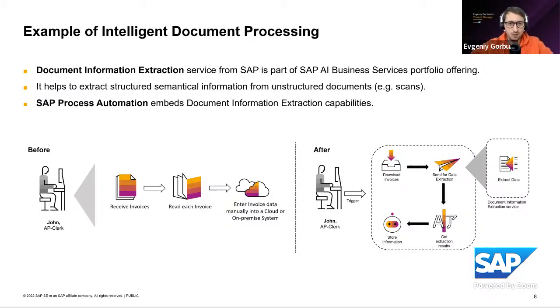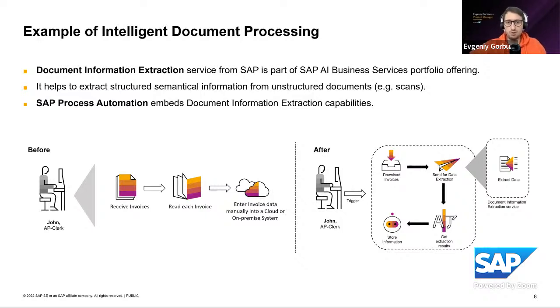As an example, we can take the scenario with invoice processing and receiving. We have John as an accounts payable clerk who receives invoices, then reads each and every invoice and then enters the data from these invoices manually into a cloud or on-premise transactional system.